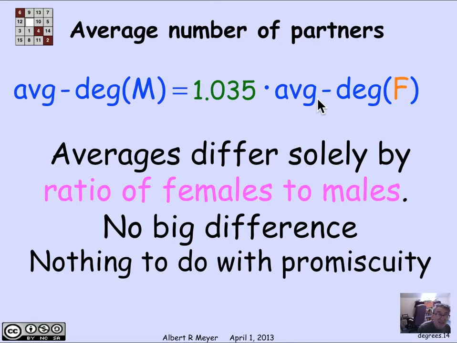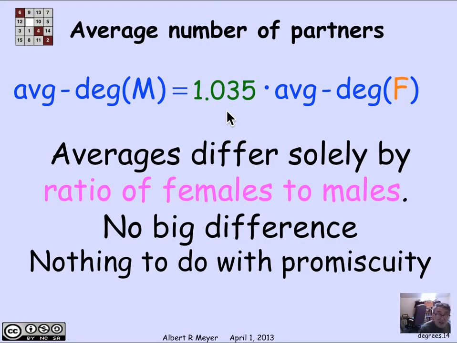And that tells us then that if you surveyed the population of all the men and women in the country, you would discover that the men had 3.5% more partners than women per man. But this has nothing to do with their behavior or promiscuity or lack of it. It's simply a reflection of the ratio of the populations.